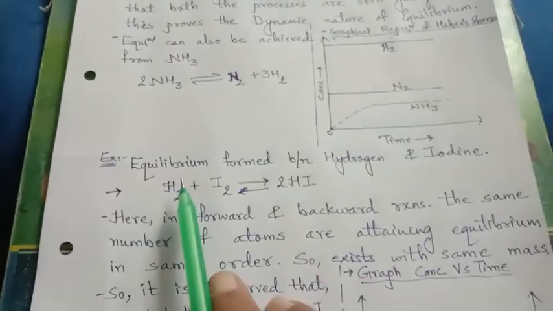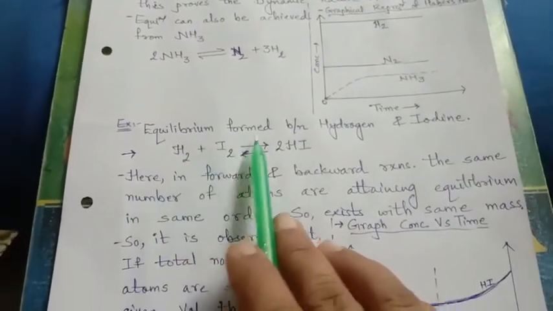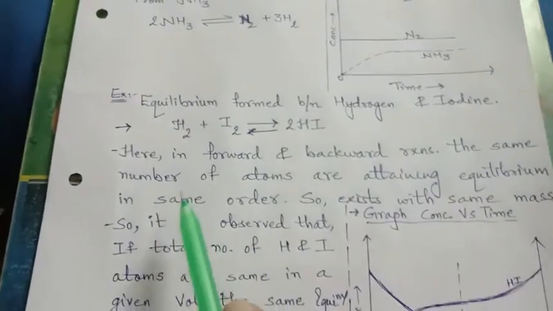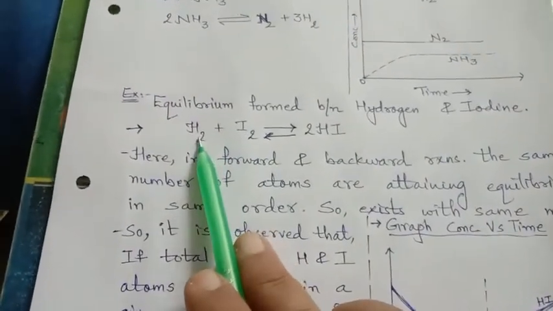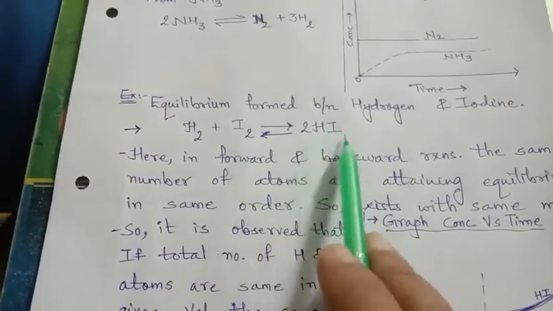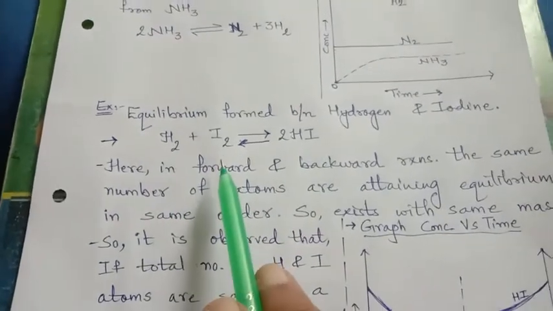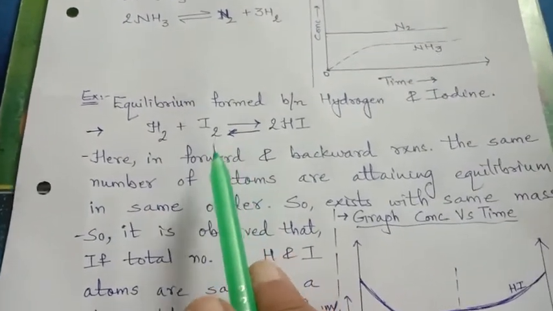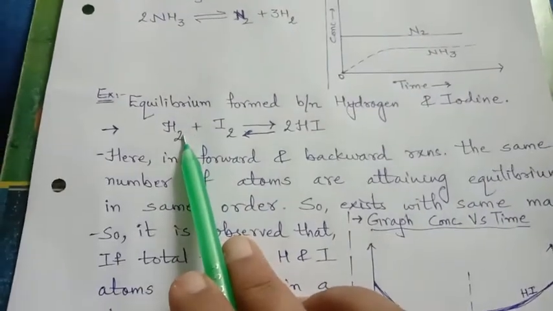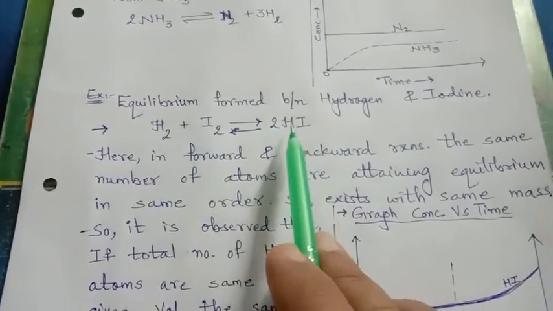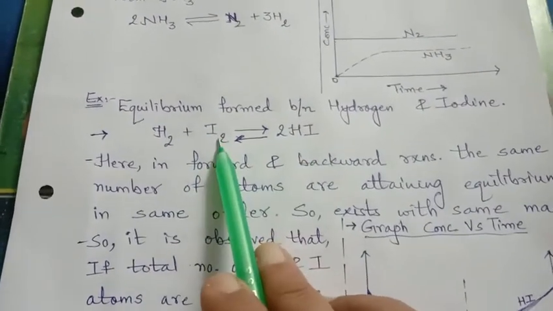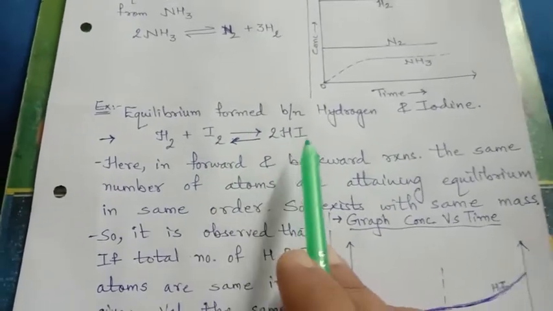One more example is equilibrium formed between hydrogen and iodine. Here you see H2 plus I2 gives 2HI. Now here the equilibrium is with a similar number of atoms. Hydrogen 2 in the reactant, in the product also 2. Iodine 2 in the reactant, in the product also 2.